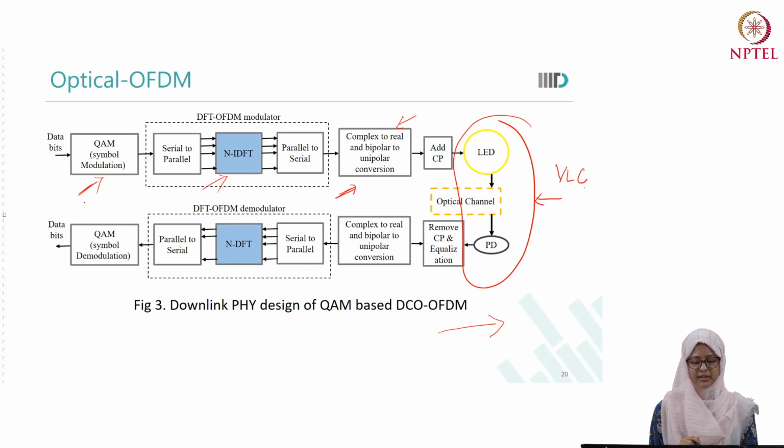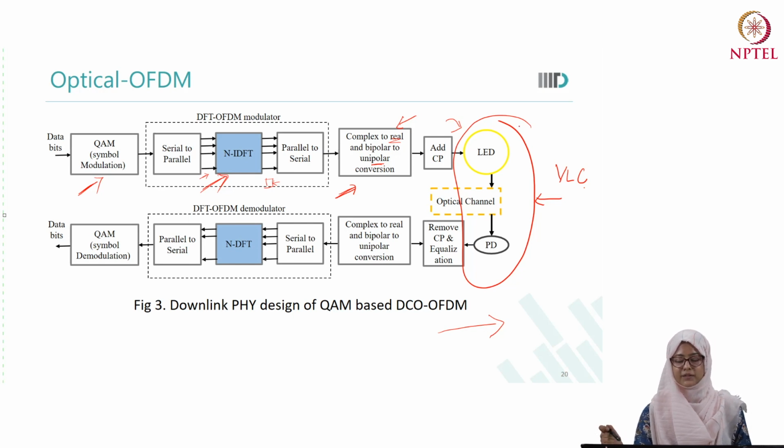What happens is that whatever input we give to the IDFT, it gives us complex output. So we need to do something so that we can get real and unipolar data. Why? Because we can't feed complex and bipolar data to the LED. We need real and unipolar data as LED input.